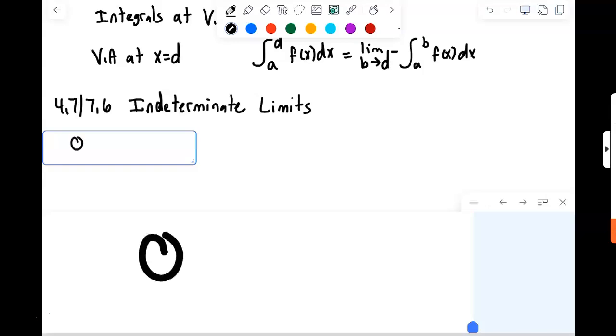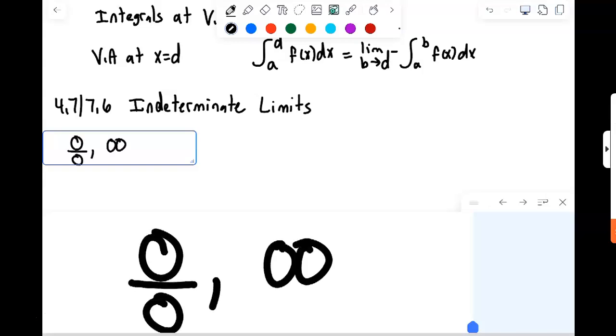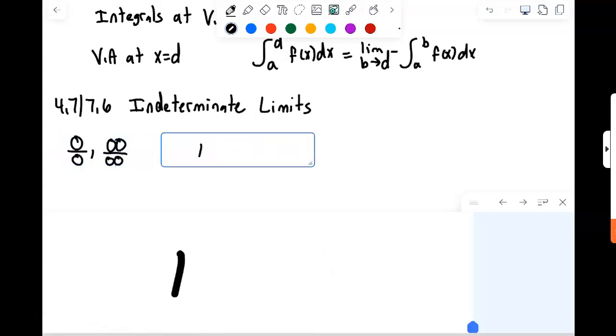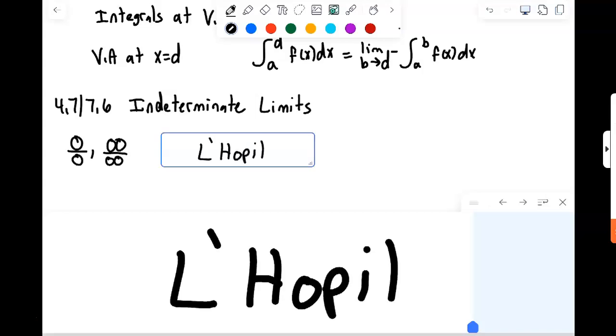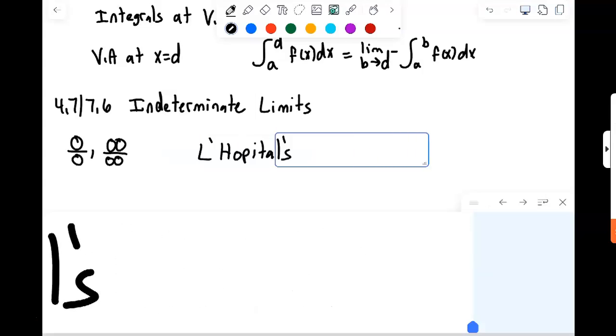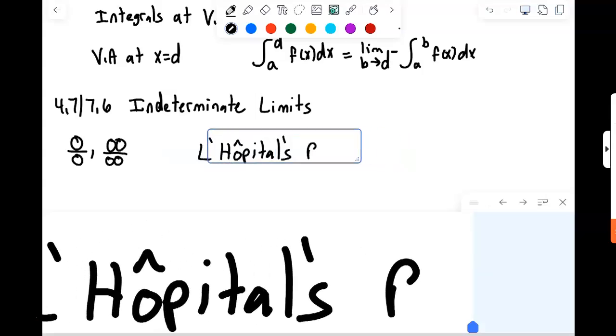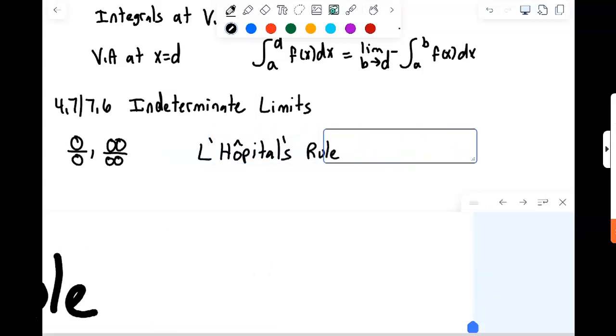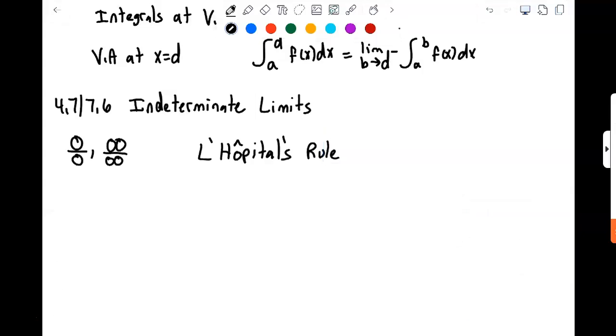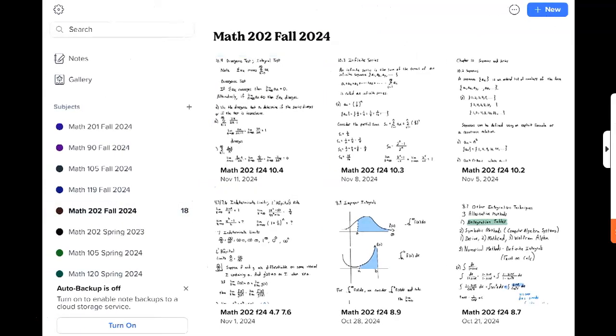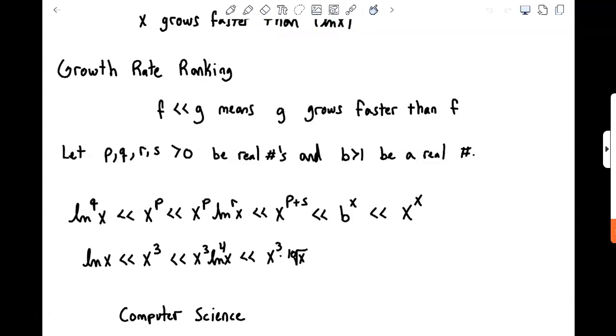Up first, in 4.7 we dealt with 0 over 0 and infinity over infinity limits. Those are the ones where we can go directly into L'Hopital's rule. If we have infinity over infinity or 0 over 0, we can apply the derivative to both the numerator and denominator.